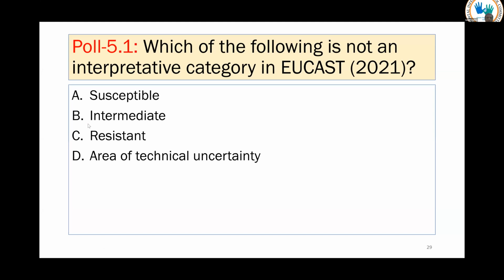Time's up. Can you display the answer and the explanation, please?